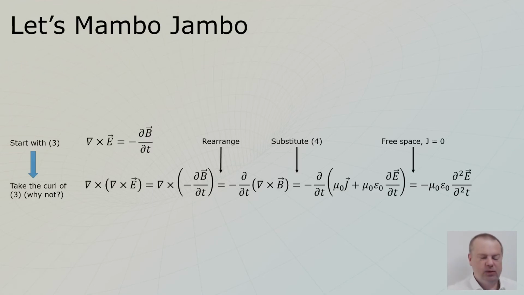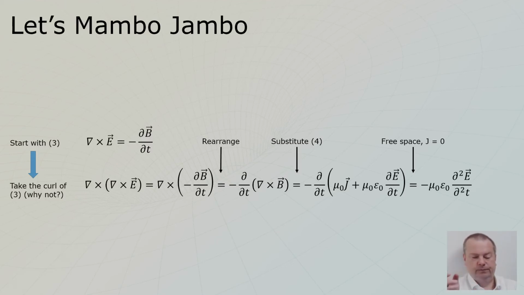Boom! We take the curl of equation number 3. I asked myself, why would you do the curl of the curl? I don't know. Maybe because you can, and they did. So if you take the curl of the curl, you put in the curl of the change of the magnetic field with respect to time.